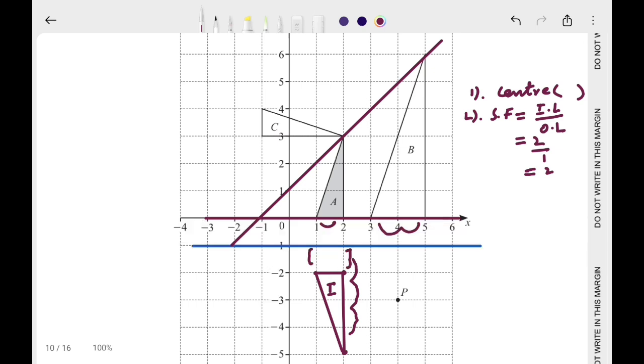Now the center is left. For that purpose you have to join their corresponding vertices. Students, just see that both lines are touching at one point. This is called the center, that is (-1, 0).